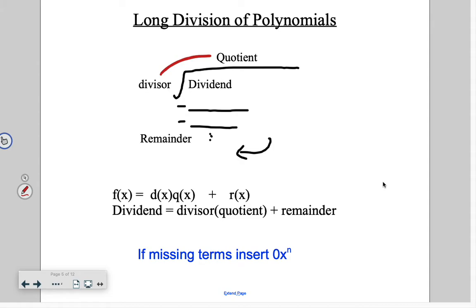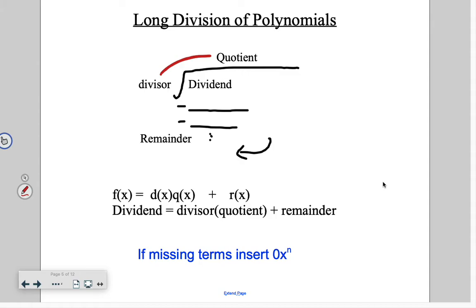One quick heads up that you'll see in a couple of examples coming. If you're missing any terms in your dividend, for example, say we have a cubic function, which normally means you'd start off with some x cubed, then x squared, then x, then a constant. If you're missing any of those, you have to fill in with zeros as a placeholder.